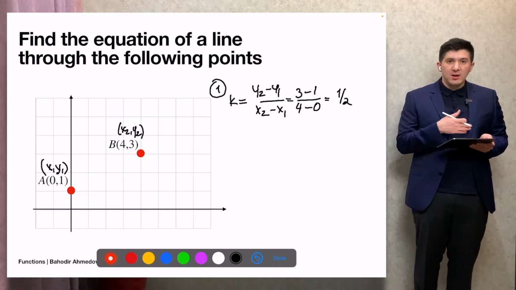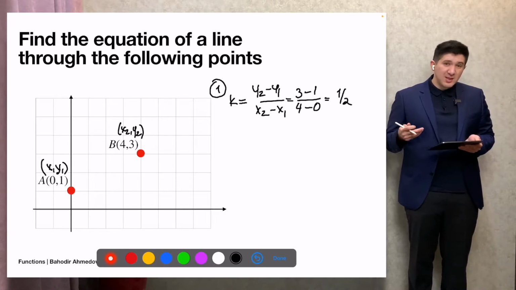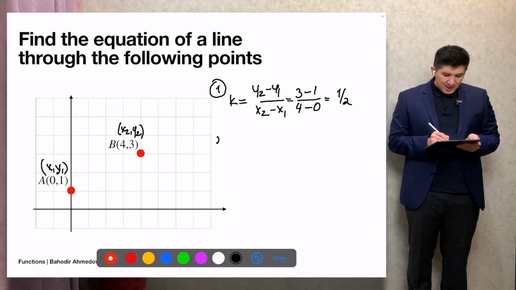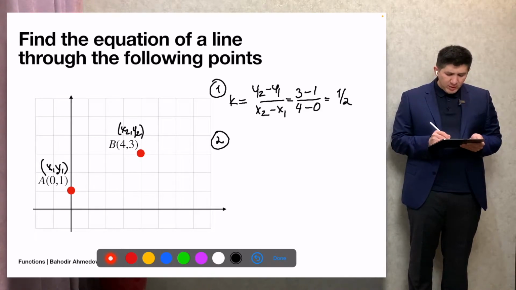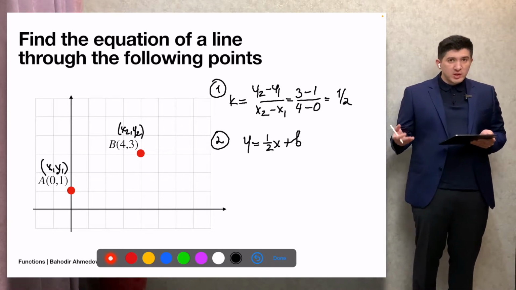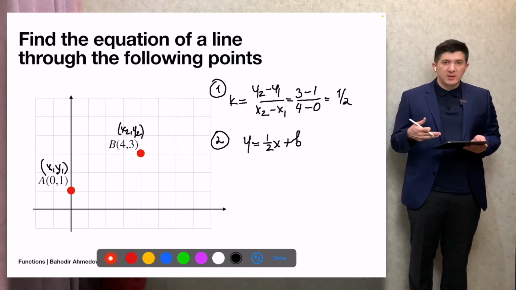Right? So I can see that the slope is less than 1 from the 2 points as well. In the second step, we know that the equation of the line now looks like 1 over 2 x plus b, and we have to find this b. Fortunately, we know the 2 points passing through this line.